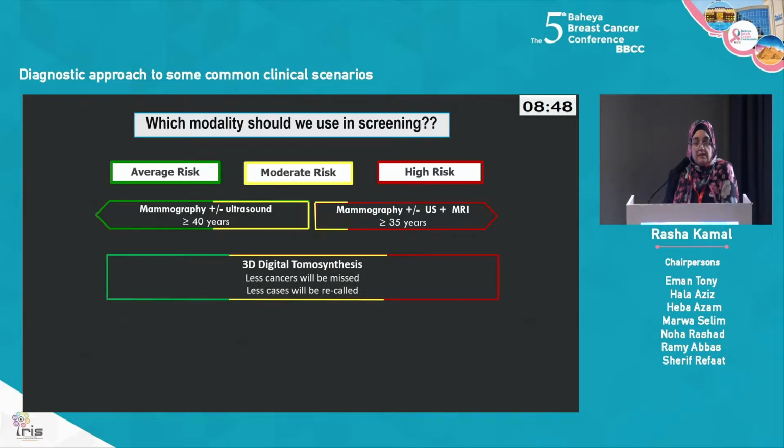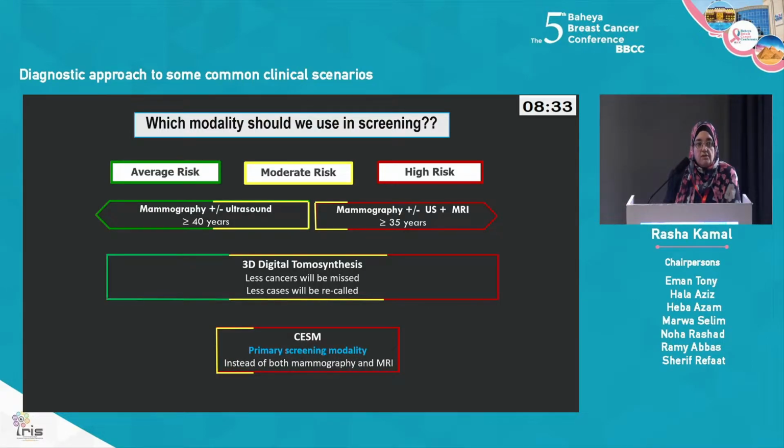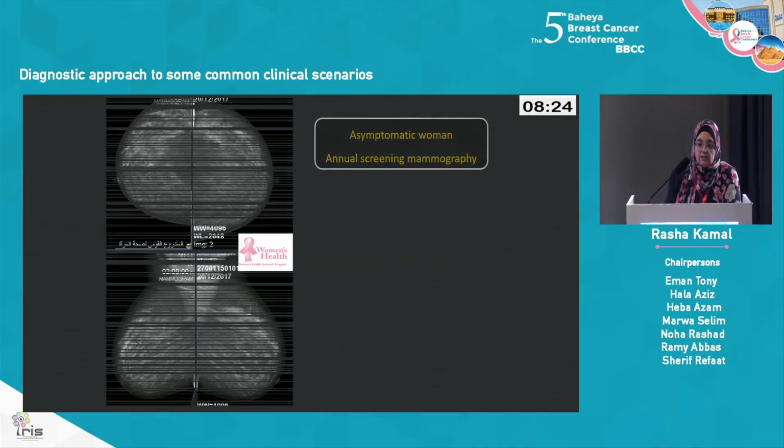If we have 3D digital tomosynthesis, it must be applied in either the CC or the mediolateral oblique view, because using tomosynthesis, we will detect more cancers, and fewer cases will be recalled. Contrast mammography, I think in the future it will enter the screening programs, but up till now it is not validated that we can use it in screening.